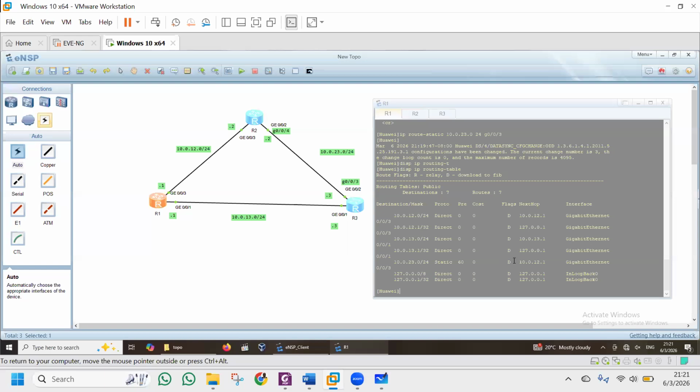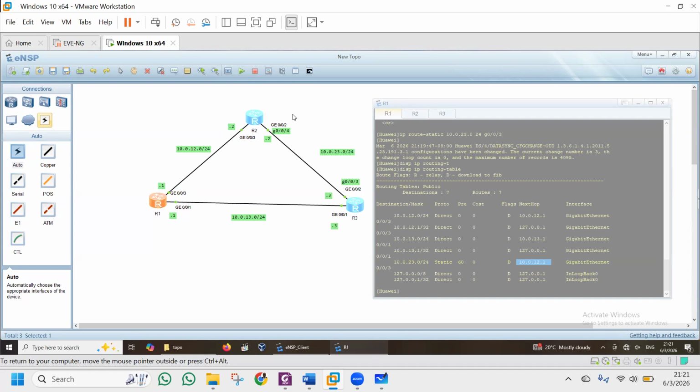Okay, this is the exit interface, and this is the next hop. It's a bit different from what I know about the next hop. The next hop is usually this IP address. But this is Cisco, and this is Huawei, another language. Probably the next hop is this one.